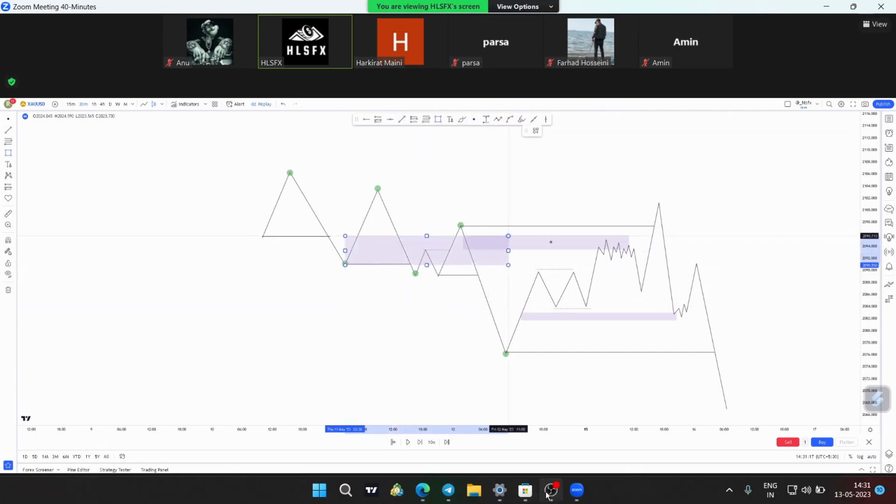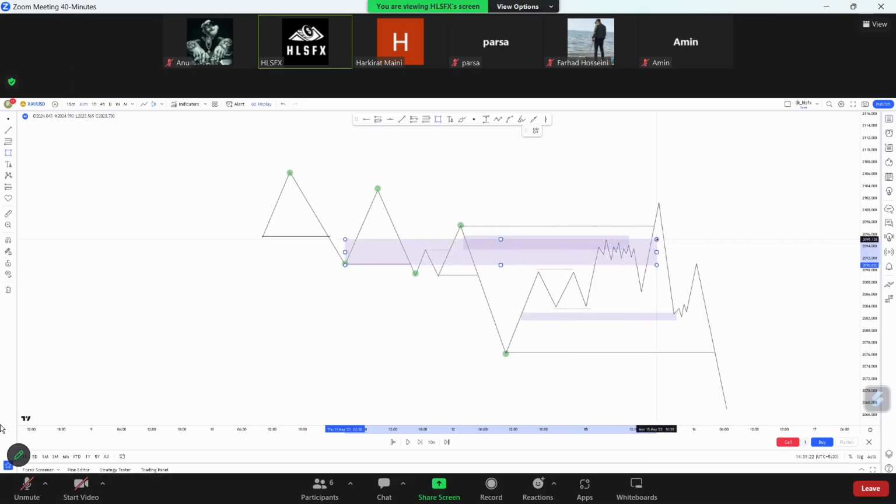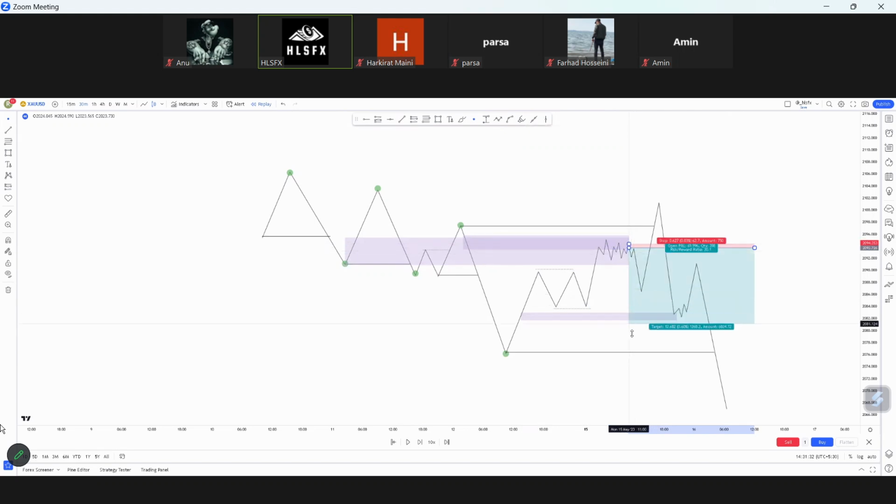Support, resistance, broken support turned into resistance, SNR zones. So now here, you, the smart money trader, will be entering here with a very small stop loss, targeting this place.